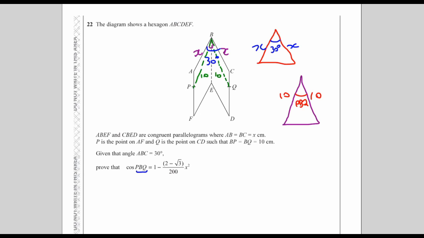Now generally when you've got an angle and the two lengths either side, you're thinking about the cosine rule.